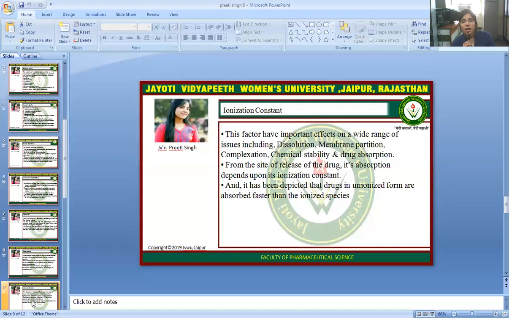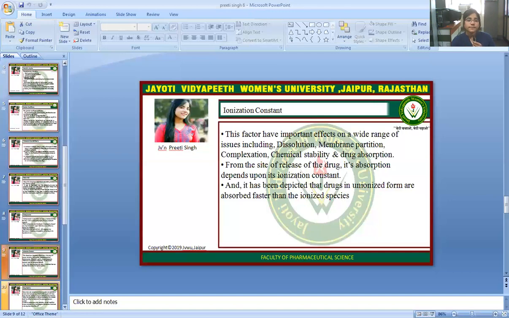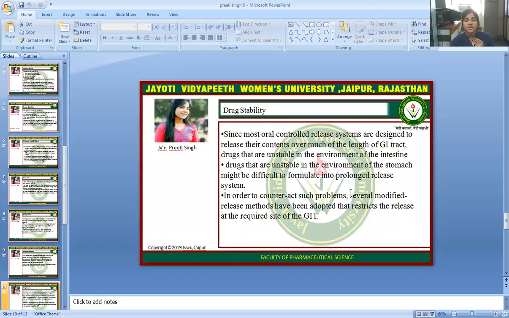And it has been depicted that drug in unionized form is absorbed faster than the ionized species. So drug stability is very important for the particular therapeutic effect.